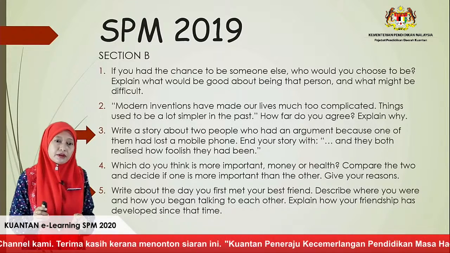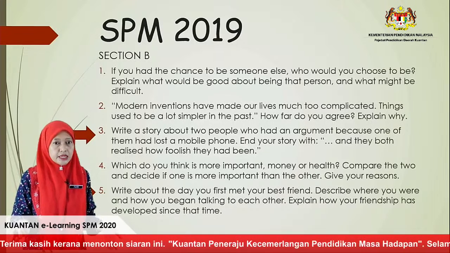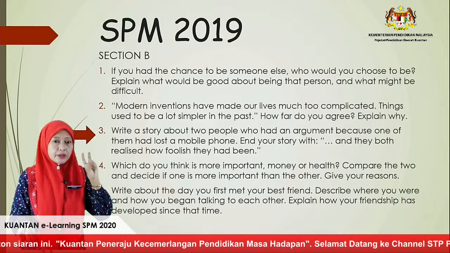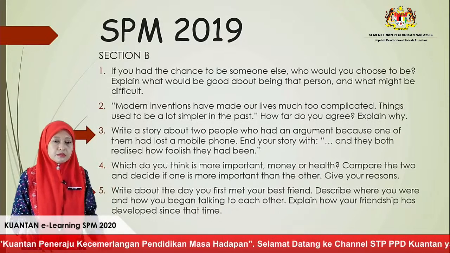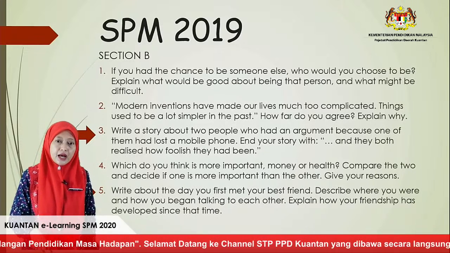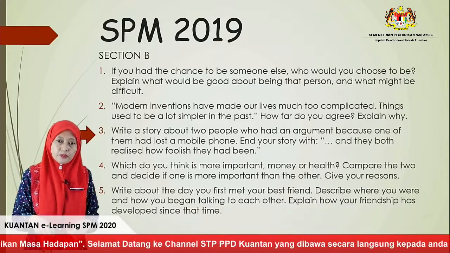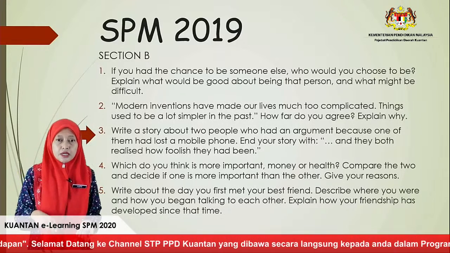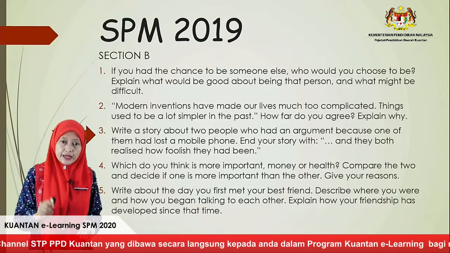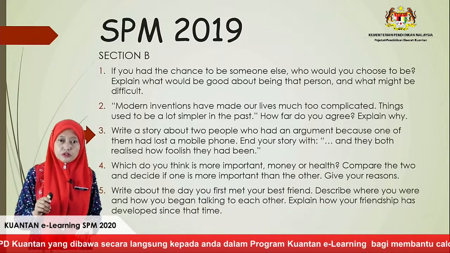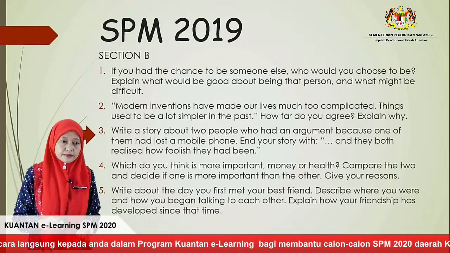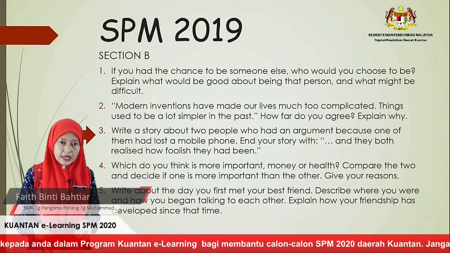So you cannot simply write any story that you fancy, but your characters should be person 1, person 2. 2 people. And what about these 2 people? So these 2 people had an argument. These 2 people fought, okay, because one of them had lost a mobile phone. And don't forget, you should use the ending given. And they both realized how foolish they had been.